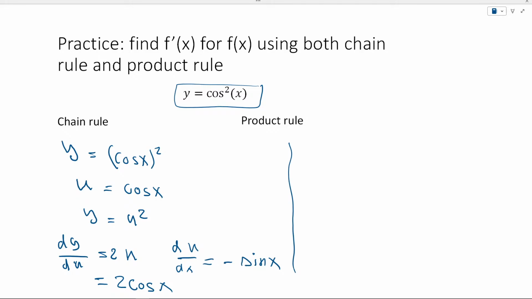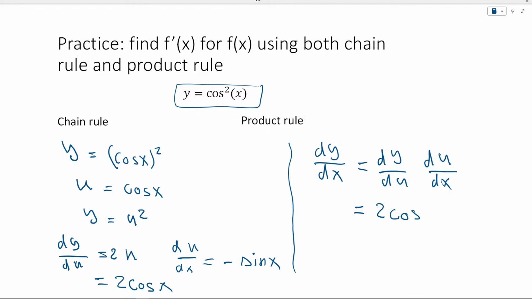So basically dy with respect to dx is equal to dy with respect to du times du with respect to dx. That's dy with respect to du, which is 2 cosine x, and du with respect to dx, which is minus sine x.